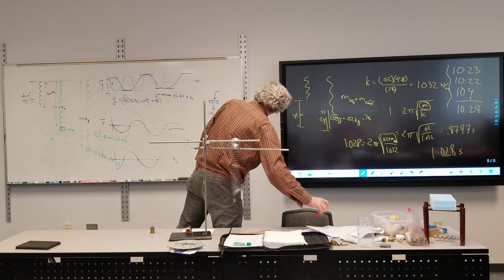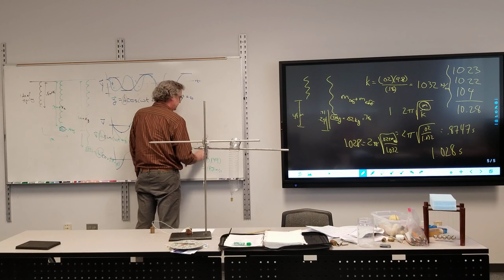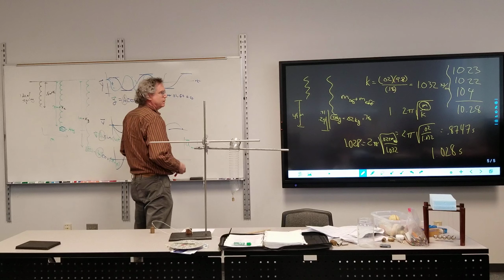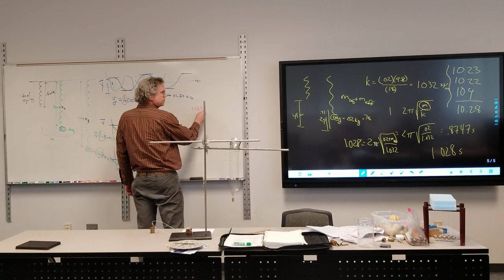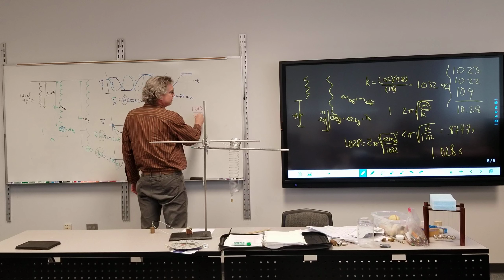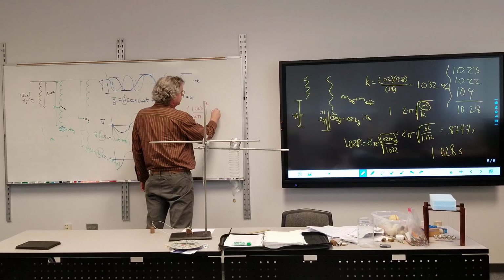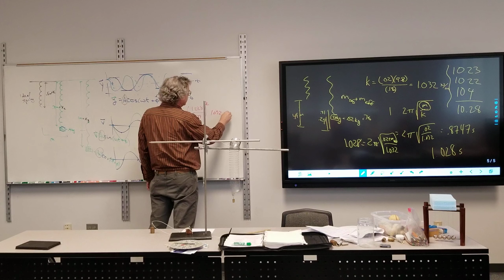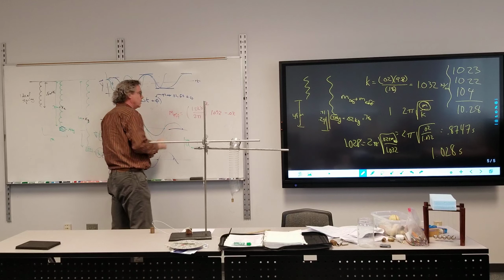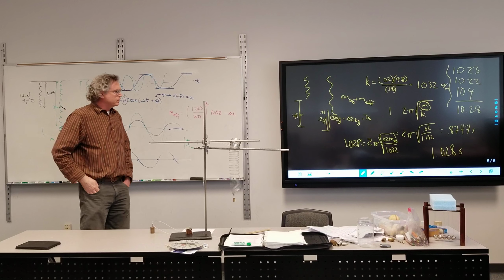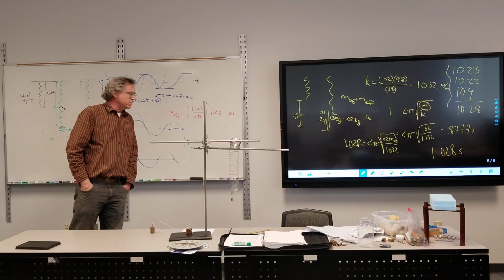Nice if someone did it. So 1.028 divided by 2 pi, squared, times 1.032, minus 0.02. I suspect it's somewhere in point of something.